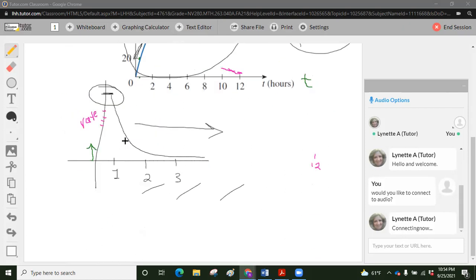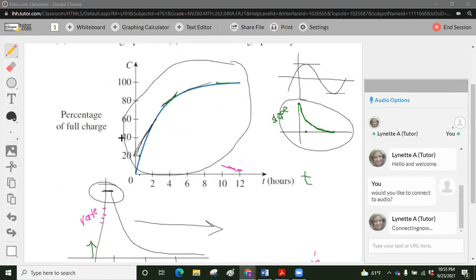My Y value is high, but as I get closer to 10 and 12 hours, my rate of change for the full charge is not going near as fast. It's getting closer to a flat line, a 0. That's why the decline in my function.